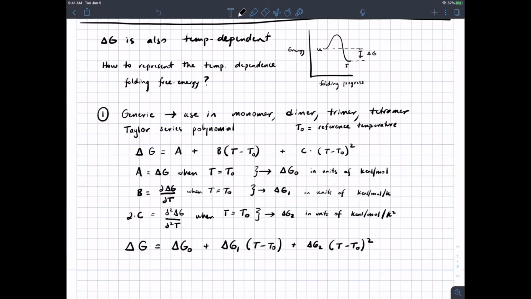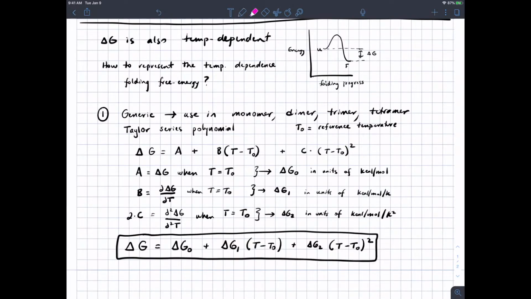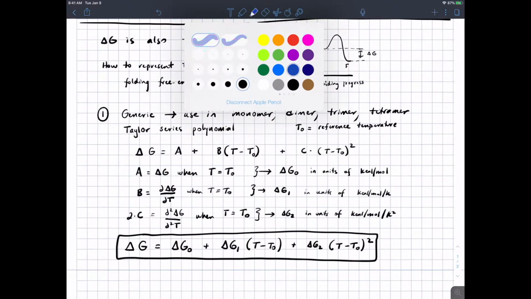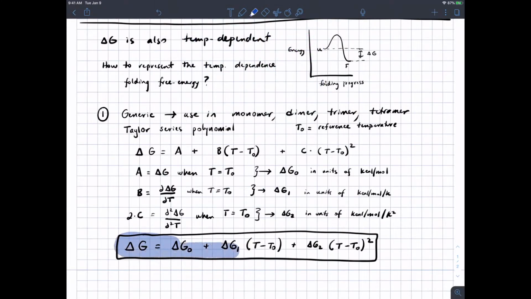All right, and this is going to be our expression for delta G as a function of temperature. And we're going to set the reference temperature.